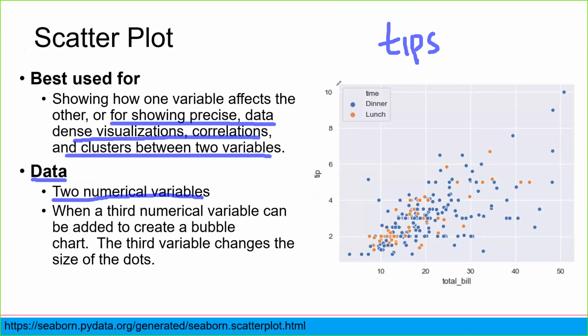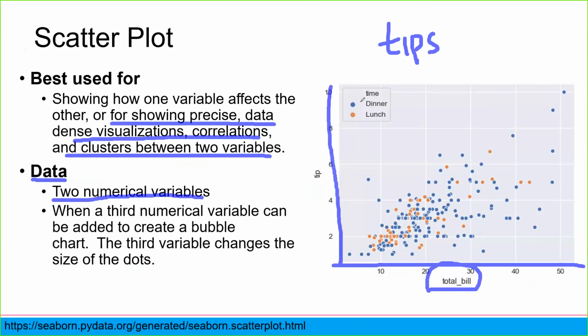And they also save the data about the total bill. So they want to know whether there is a correlation between the total bill and the amount of tips. So this is the data.